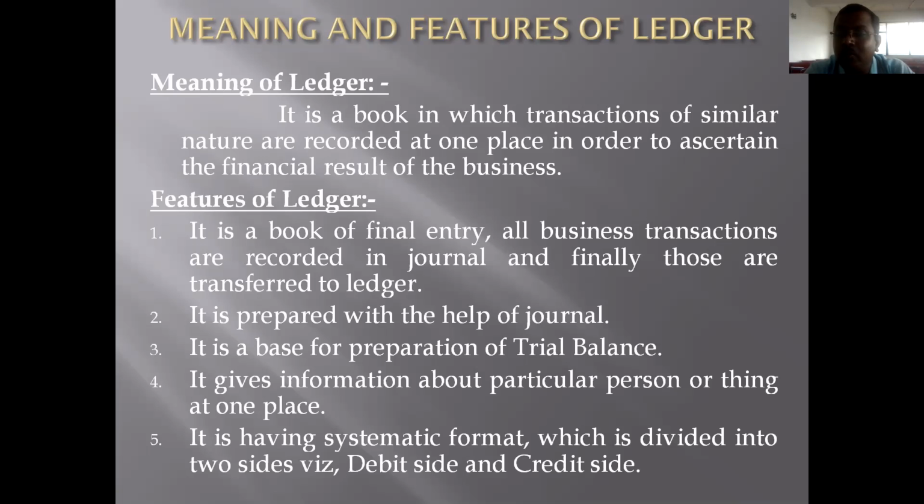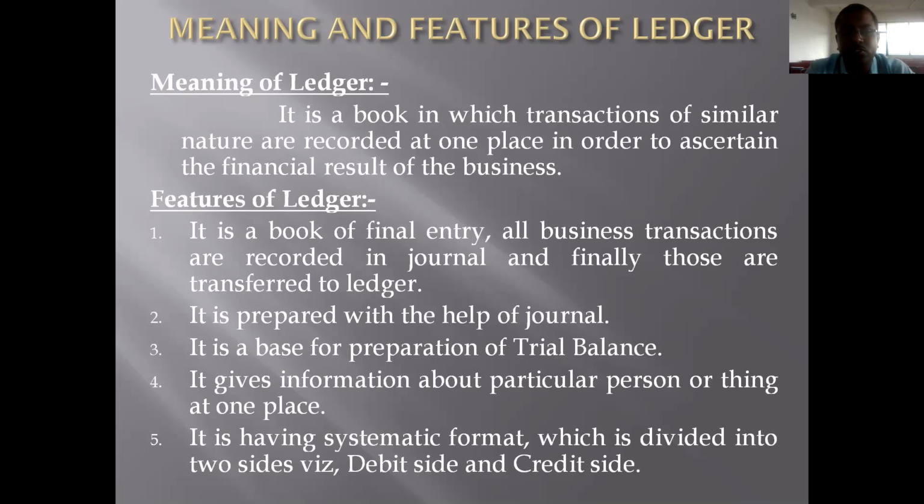Later that particular transaction disappears. I mean, again we are not going to record similar kinds of transactions individually in any of the books of account. Book of final entry means the transaction finally appears in the book of ledger. Later it is not going to appear anywhere in the books of accounts of a business.